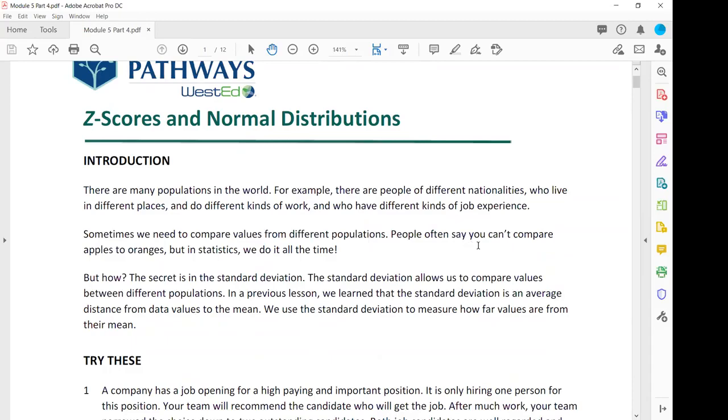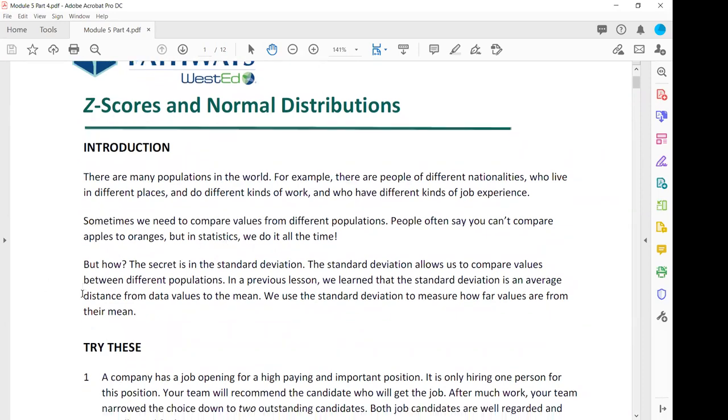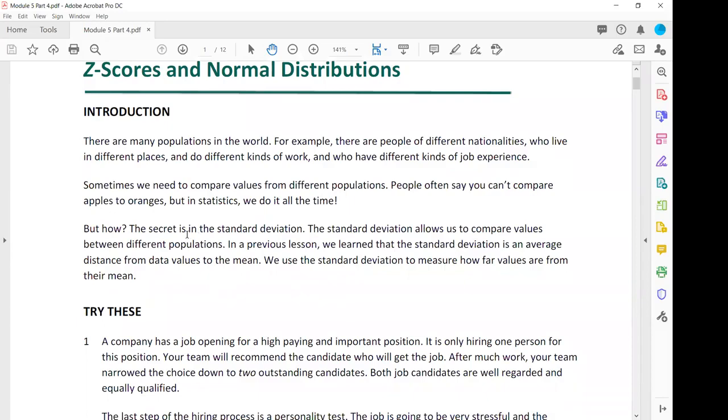People often say you can't compare apples to oranges, but in statistics, we do it all the time. How? The secret is in the standard deviation. The standard deviation allows us to compare values between different populations. In a previous lesson, we learned that the standard deviation is an average distance from data values to the mean.